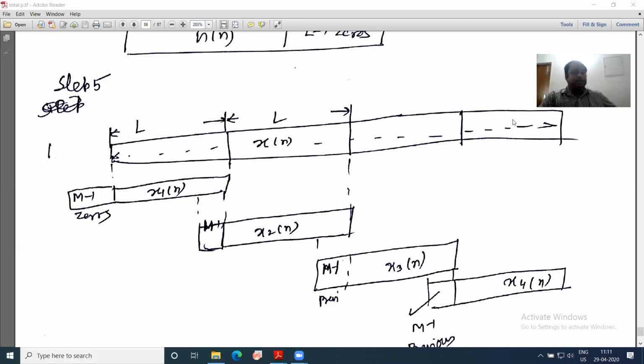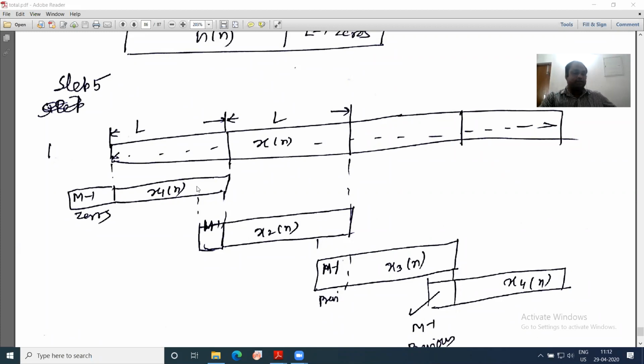Now the total data is xn, and this data is divided into, suppose, 4 sections. xn is divided into 4 sections, which means this section is x1(n), this section is x2(n), this section is x3(n), this section is x4(n), and the total length is x(n). Now for x2(n), I am adding the m-1 samples from x1(n). For x3(n), I am adding m-1 samples from x2(n). And for x4(n), I am adding m-1 samples from x3(n).